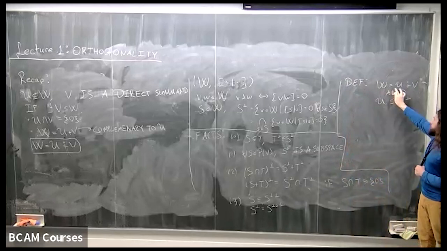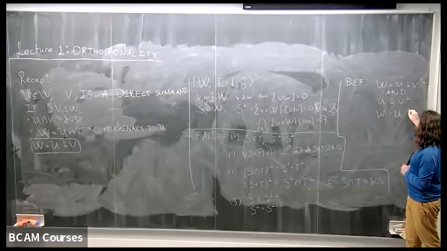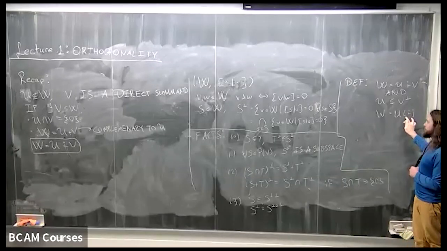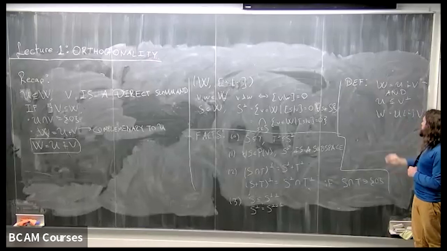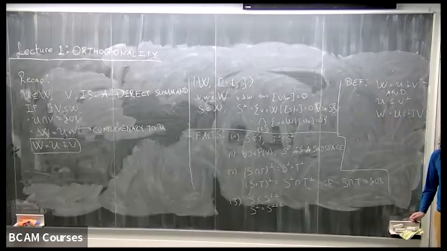So the subspaces are orthogonal to each other, and if this happens, we'll use a different notation. I'm going to put this direct sum symbol in the brackets. So this means that W is an orthogonal direct sum of the subspaces. Okay.